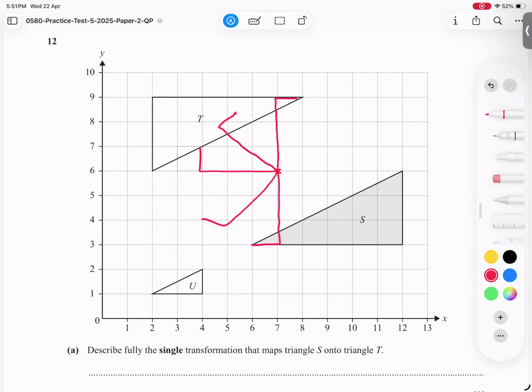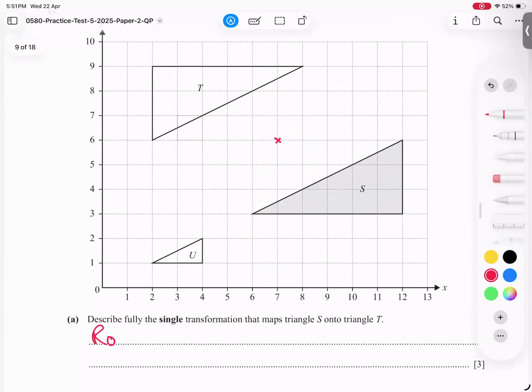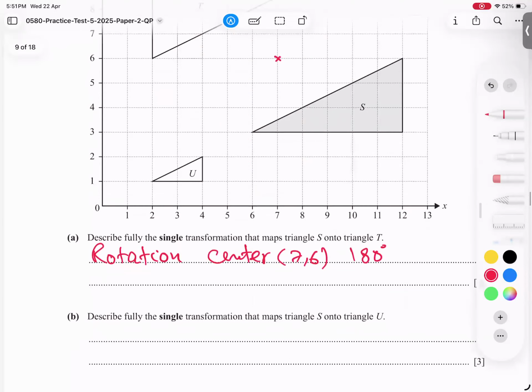So basically it is 180 degrees, and I can say the center is 7 and 6. So it is a rotation, the center is very clear, 7 and 6, and it is 180 degrees. No need to write clockwise or anti-clockwise, because for 180 degrees, clockwise or anti-clockwise are the same. For 90 degrees you are bound to write it. Anyway, let's go for next.